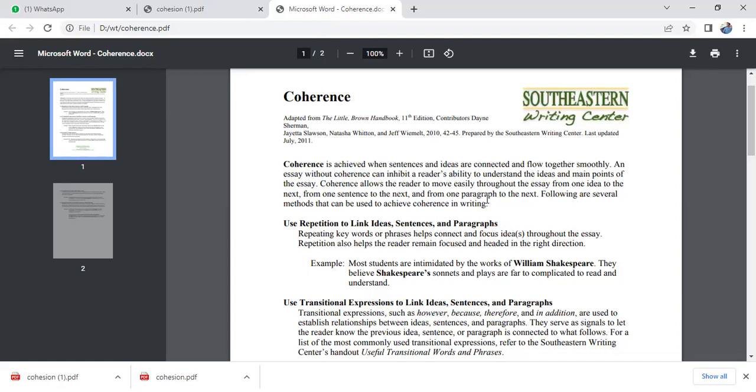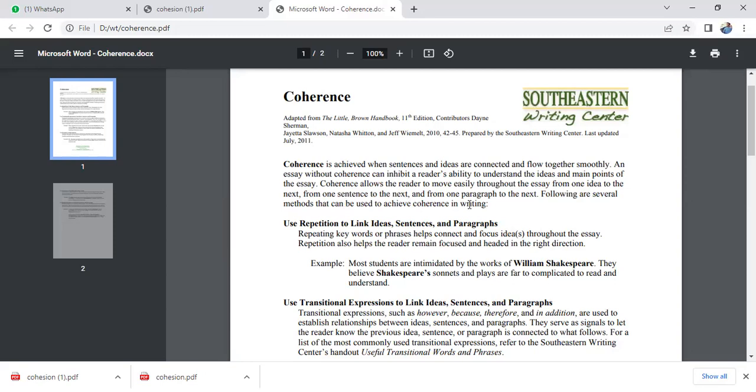Coherence allows the reader to move easily throughout the essay, from one idea to the next idea, from one sentence to the next sentence, and from one paragraph to the next paragraph, smoothly and fluently. He will get the idea. But if there is no coherence, it will inhibit the reader's ability to understand the main idea.